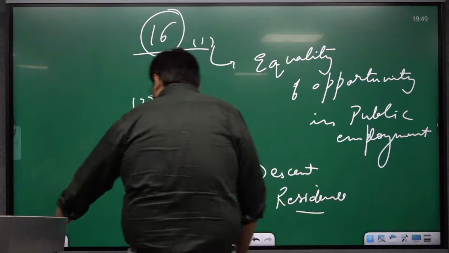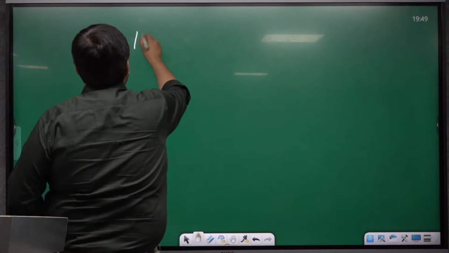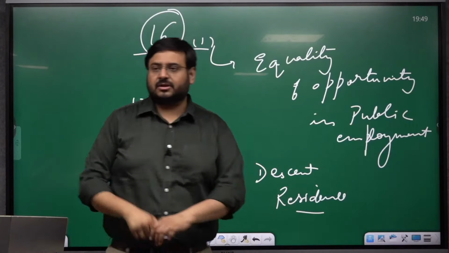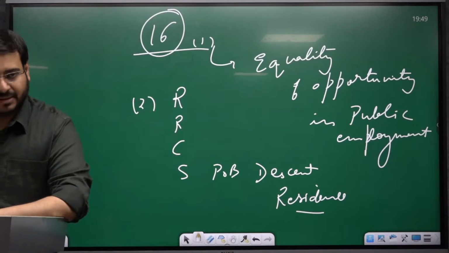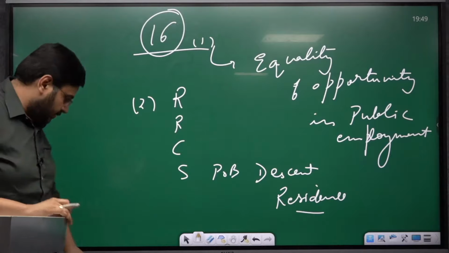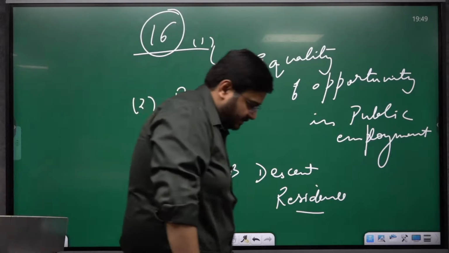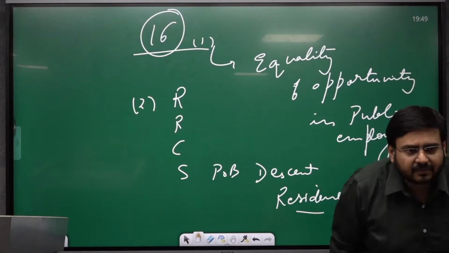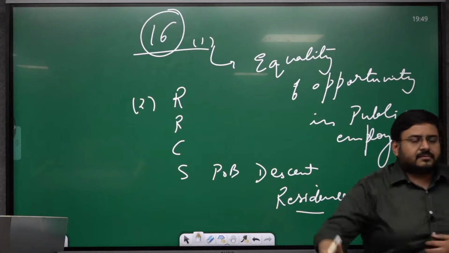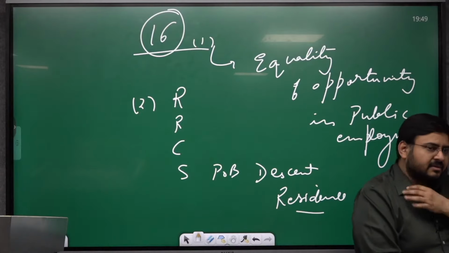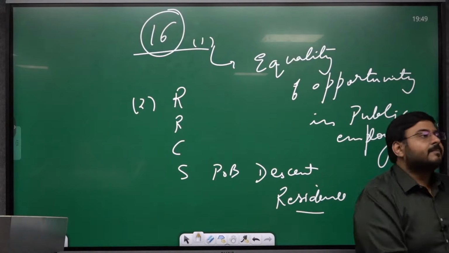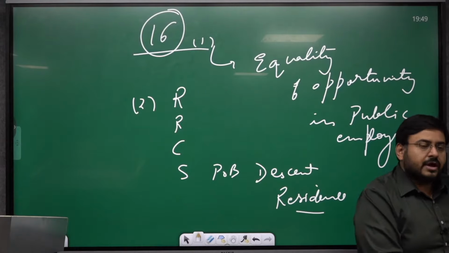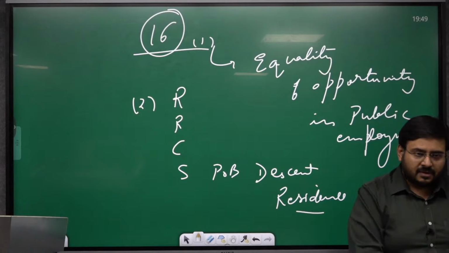Then there is Article 16.3. Now, there is a criterion that there is no discrimination on the grounds of residence, right? But can the state discriminate on the grounds of residence? Yes. Example, Andhra Pradesh. It means there can be a reasonable restriction. Who can give that reasonable restriction? Parliament or state?